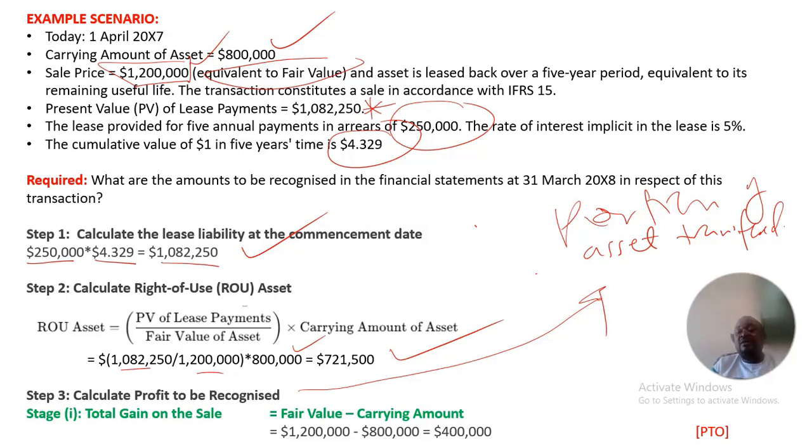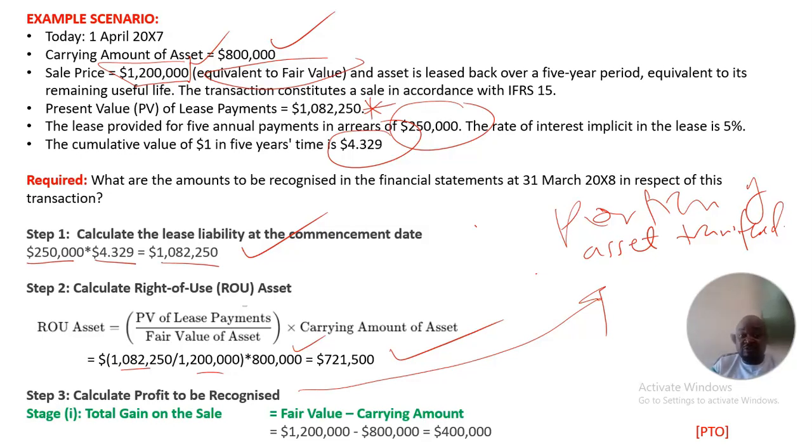And most of the time, students opt for the sales value in the computation of the gain on disposal, which is wrong. That will be very, very wrong. In this case, we are using the sales value because we are told by the examiner that the sales value is equivalent to the fair value. But the actual formula is fair value less carrying amount, and you obtain the gain on disposal of the former asset in a sale and leaseback transaction.